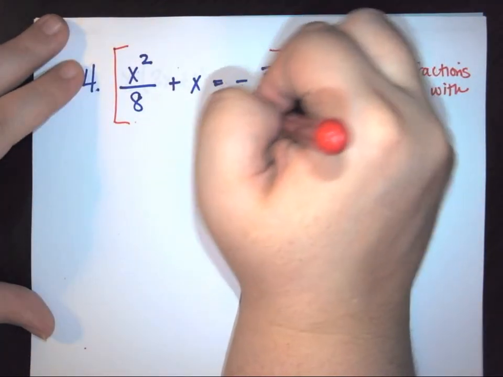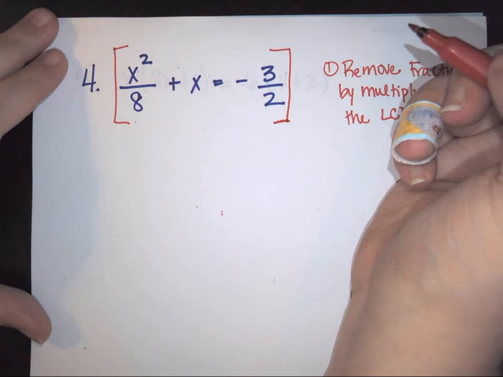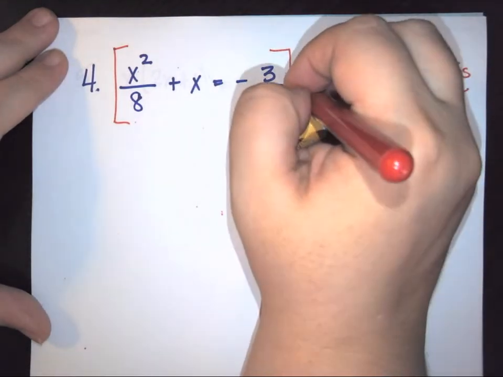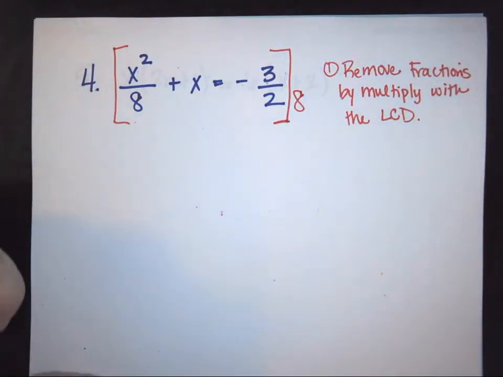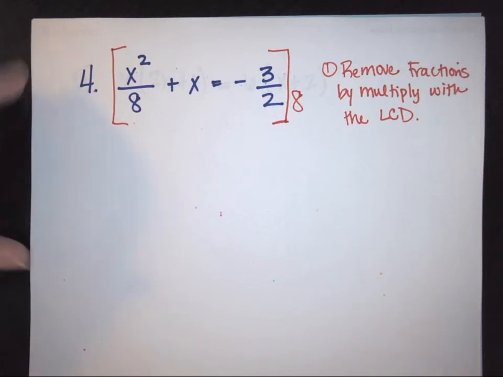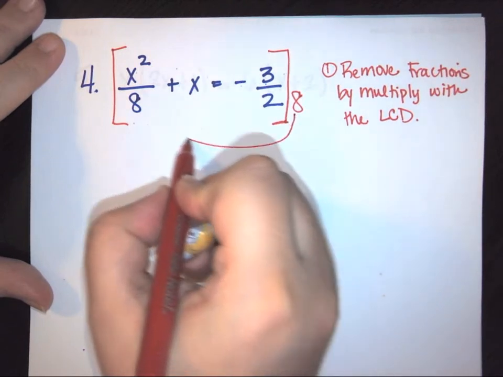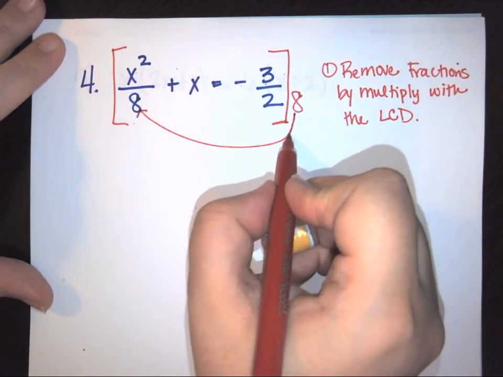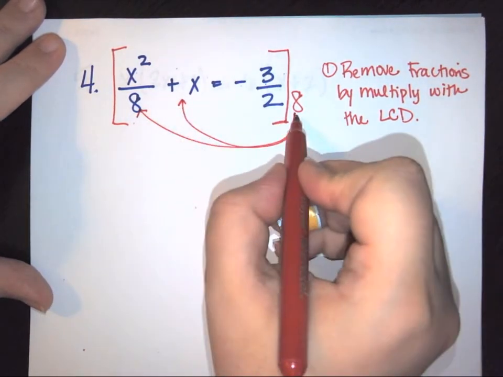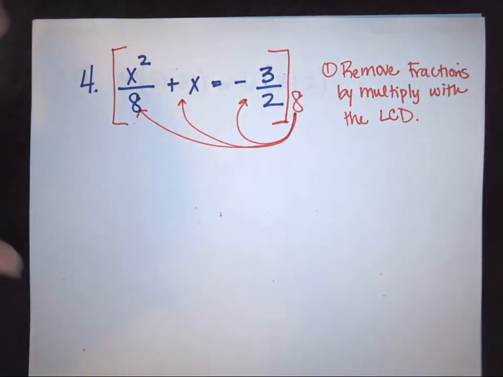So this whole equation, I'm going to multiply by the 8. Now when I do that, you'll see that my fractions are going to completely disappear. So multiplying by that 8 says that this 8 is going to affect all parts. So it's going to affect this first part, it's going to affect the second part, and it's going to affect this third part. So we're essentially doing 8 times each piece.